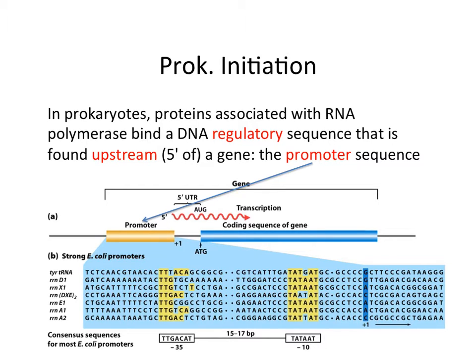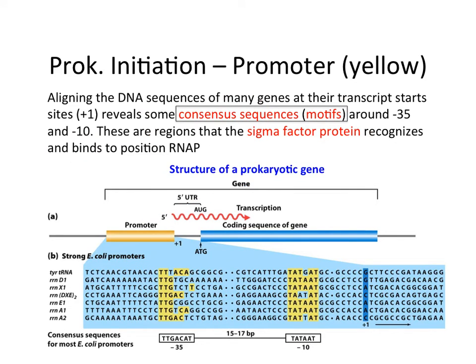So it turns out it's not actually RNA polymerase itself that binds to these motifs or consensus sequences. It's a protein that is associated with RNA polymerase that binds these sequences. And this protein is called sigma factor. Remember that, sigma factor. Sigma factor is the protein that binds the -10 and -35 sequences.